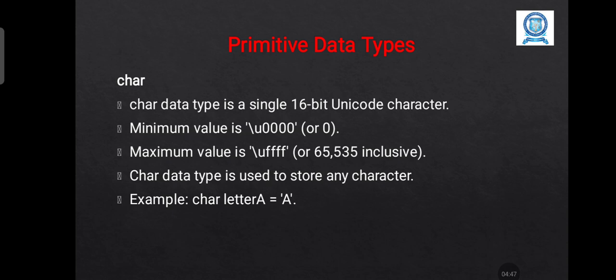It also has minimum and maximum defined values. Char should be defined with the keyword char. A single character can be defined with the character data type. For example, char letterA equal to 'A'. The character should be mentioned within single quotes. Here the variable name is letterA and capital letter A is the character value.